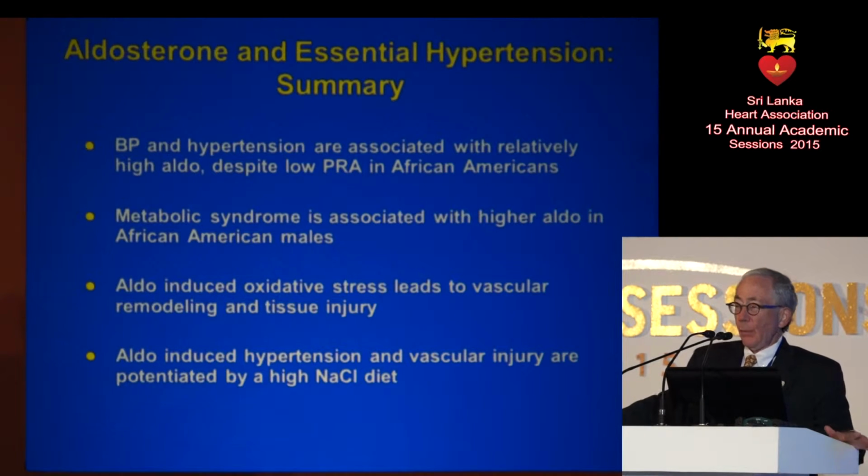So I think it's important that there is also evidence of higher aldosterone levels despite lower plasma renin activity in people of African heritage, people with metabolic syndrome, and again, the concerns we have of oxidative injury to the vascular beds, particularly when patients eat more salt.